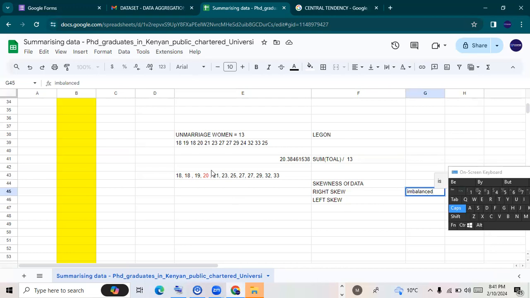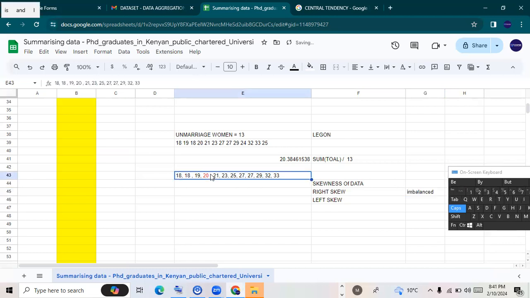Now, if we plot this on a histogram and draw the bell curve for these numbers on a graph, this data is going to be skewed to the right. We can see that we have more data points at the right than at the left.